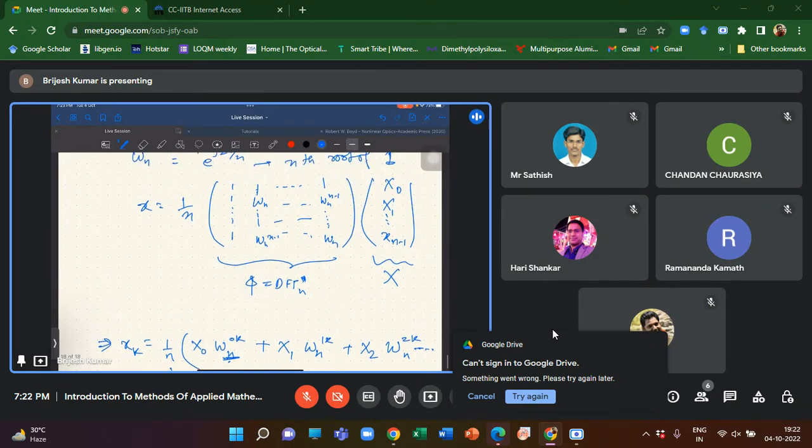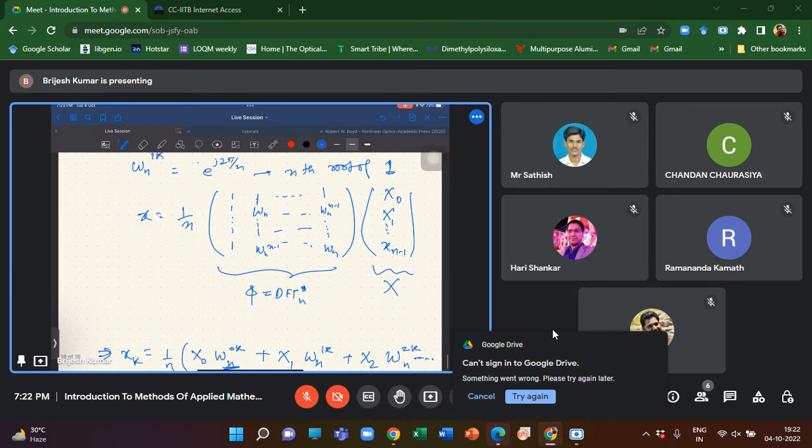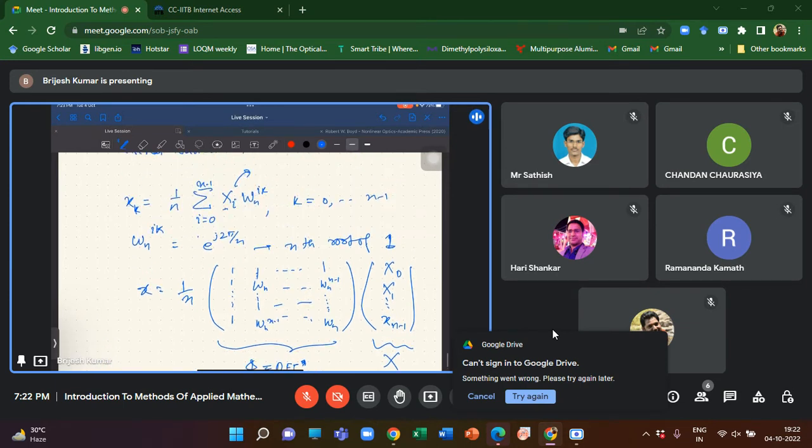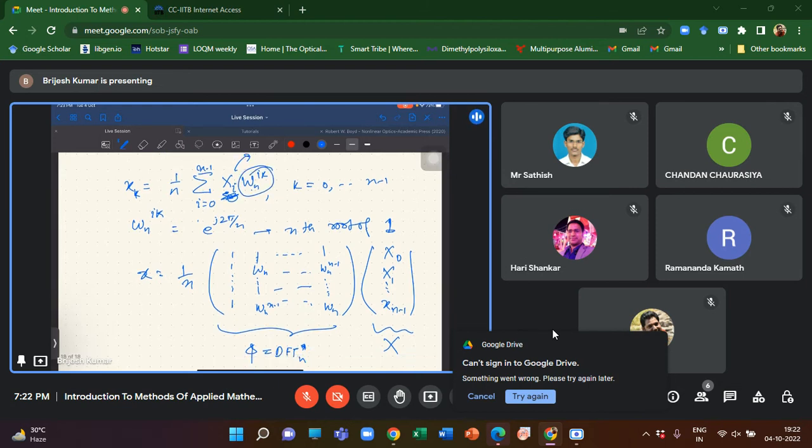So like that, we have here xi, and xi you can write in n dimension, x0 to xn minus 1. And this wn ik you can write in some matrix form as phi is equal to this one. Then you can multiply these two and you will get the same result.